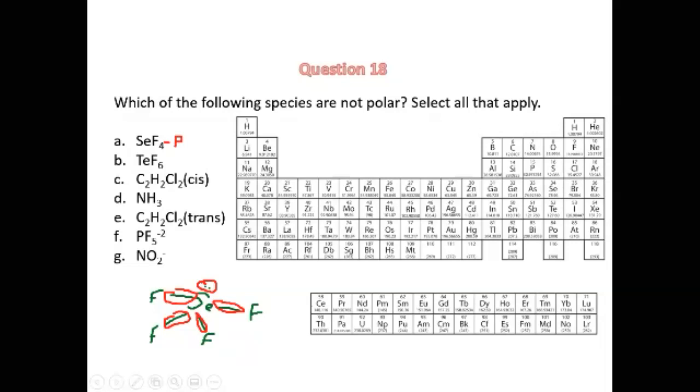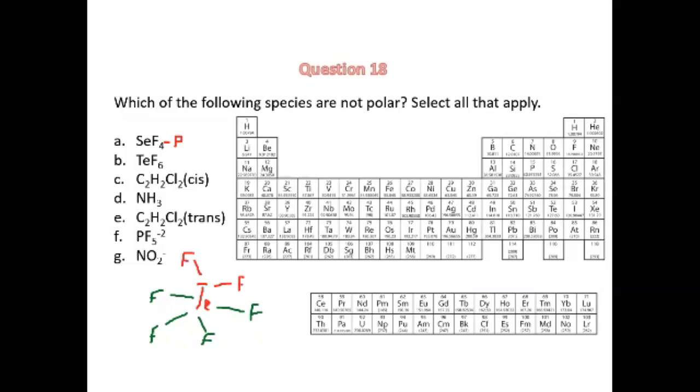Next we have tellurium hexafluoride. It would look like this. There are 6 fluorines around the tellurium.